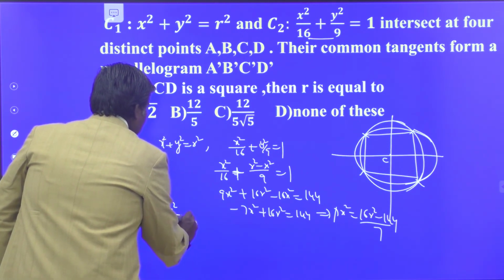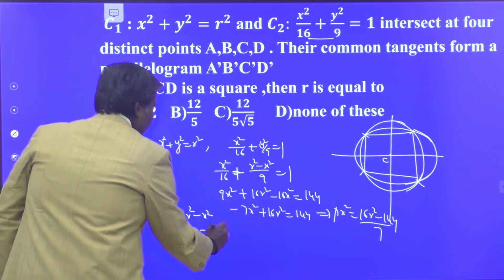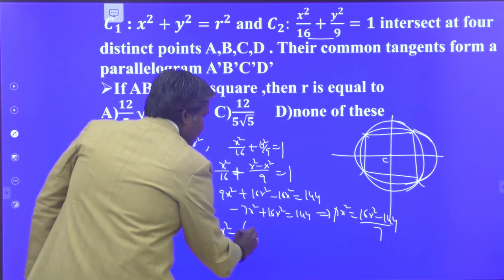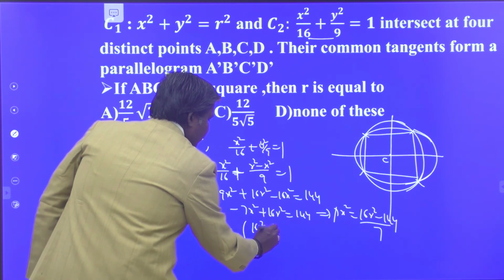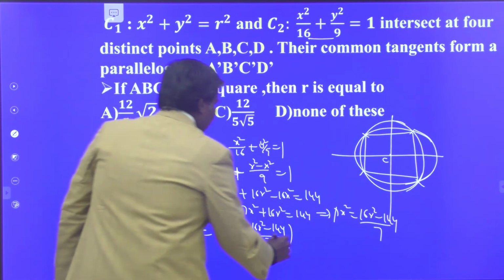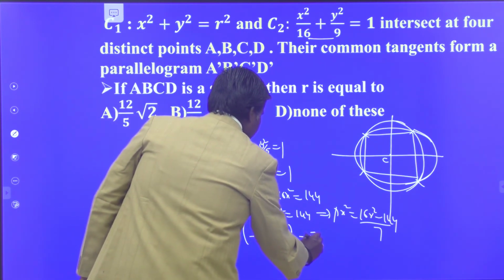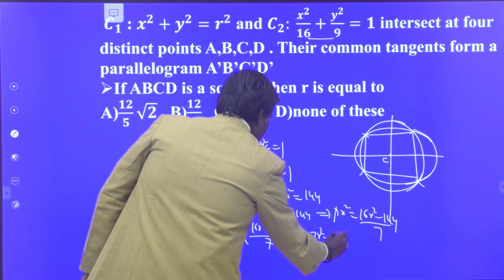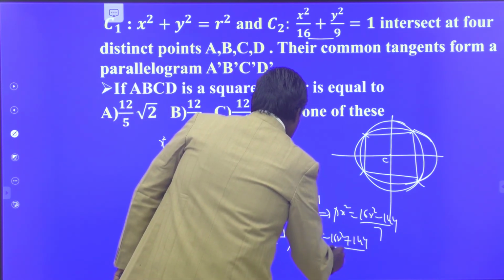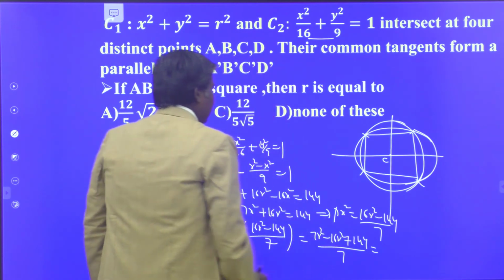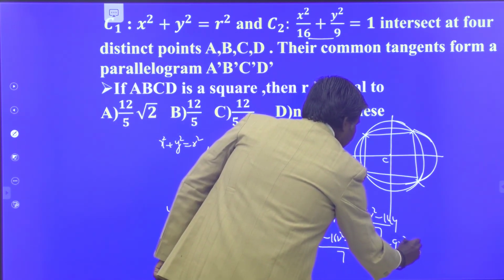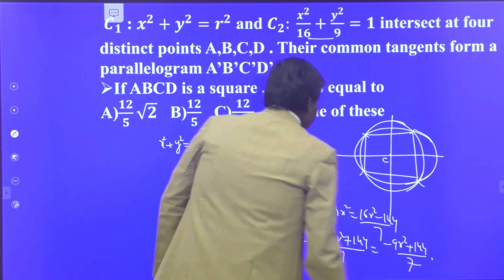So y square is nothing but r square minus x square, that is r square minus (16r square minus 144) by 7, which is 7r square minus 16r square plus 144 by 7. This is nothing but minus 9r square plus 144 by 7.